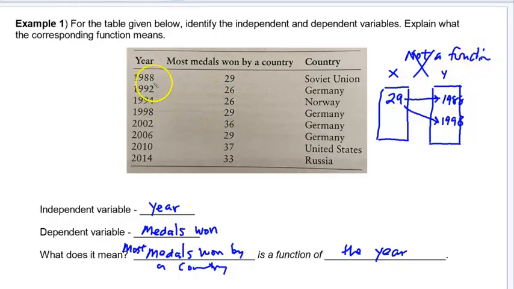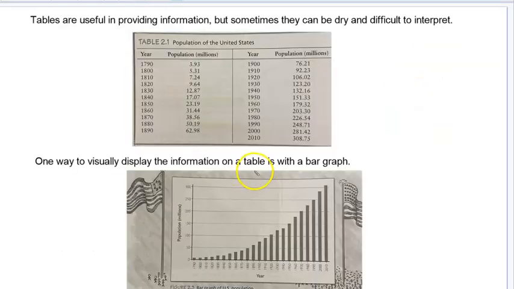But if I take, for example, the year 1988, it only maps to one number. There's only one number, and we're looking for the most medals won by a country. Okay, so the year has to be independent because it does not produce more than one value as a y coordinate. Okay, there's example number one.